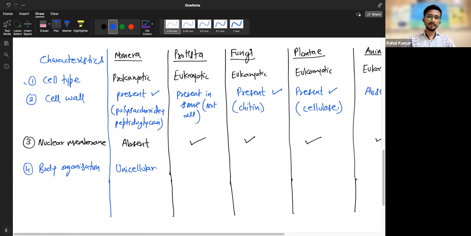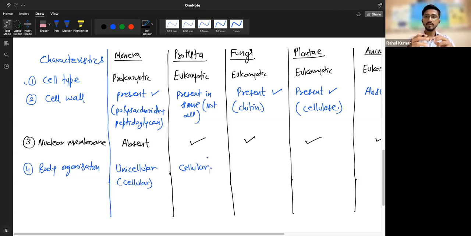So for Monera, which is basically the bacteria and everything, the body organization is unicellular. They are just single-celled organisms. Protista can actually be multicellular, but their body organization remains cellular, which means they are a bunch of cells present together, but they do not behave like one unit.